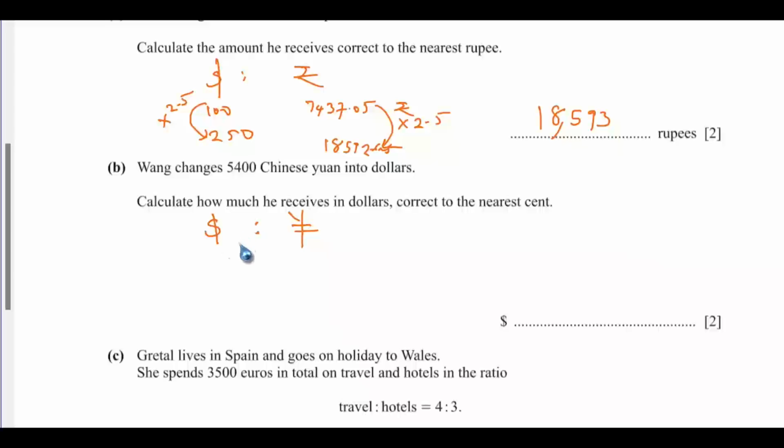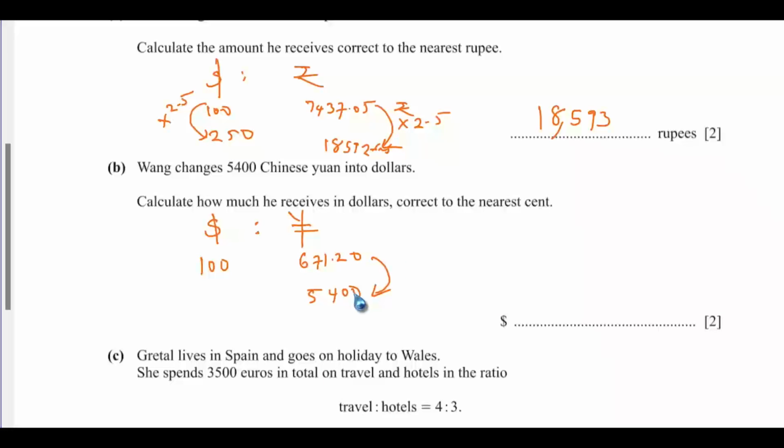We know that $100 will give us 671.20 Chinese yuan. So we want to get the equivalent of 5,400 Chinese yuan.